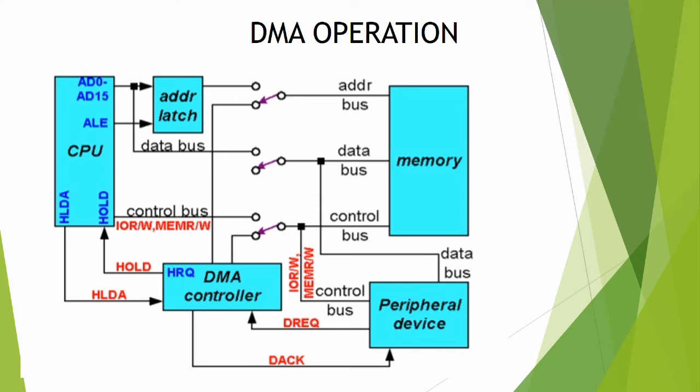In this way, the DMA controller moves from slave mode to master mode, and now the memory will directly transfer its data to the peripheral device without intervention of the CPU.